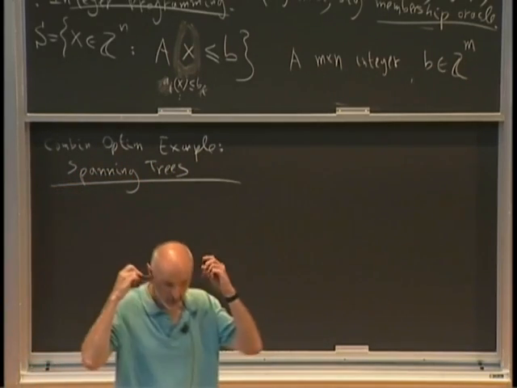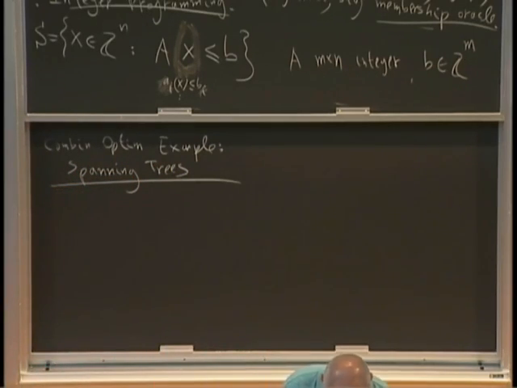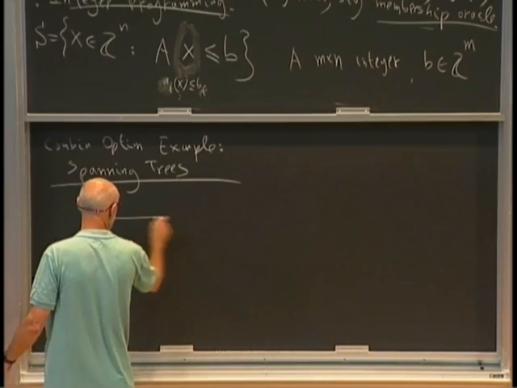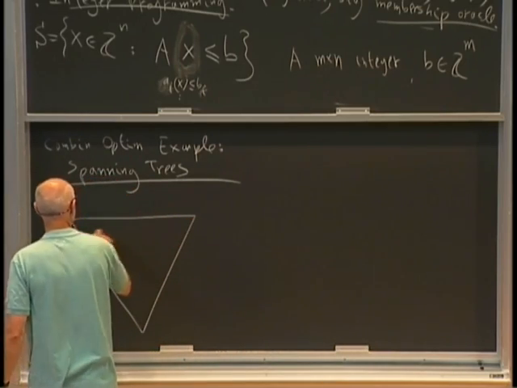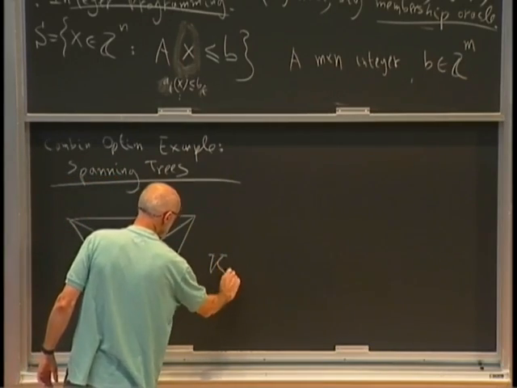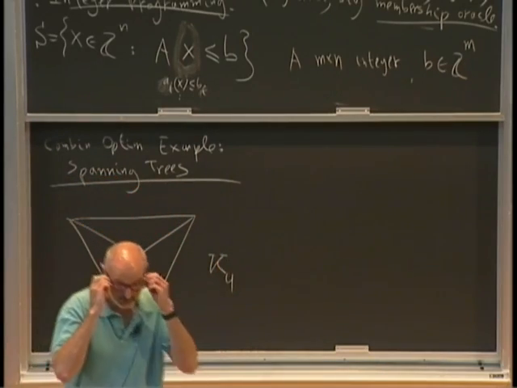Let me use the example as in my notes. This is the draft of the entire book, which is going to be out, but what I have on the web, which is linked, is pretty good also. So here's a graph, let's say the complete graph on 4 vertices, usually denoted by K4.